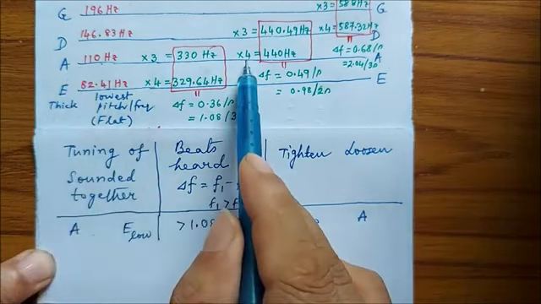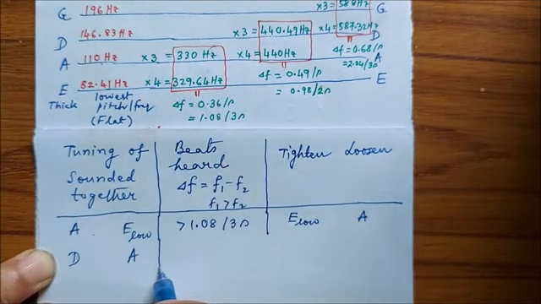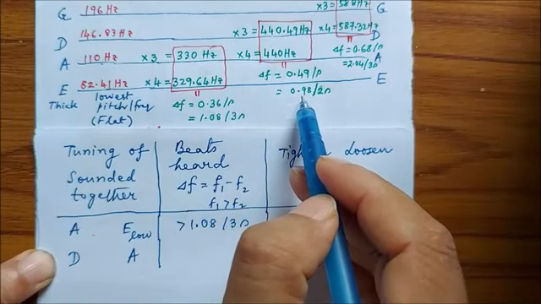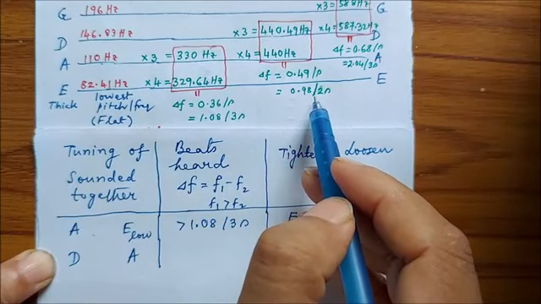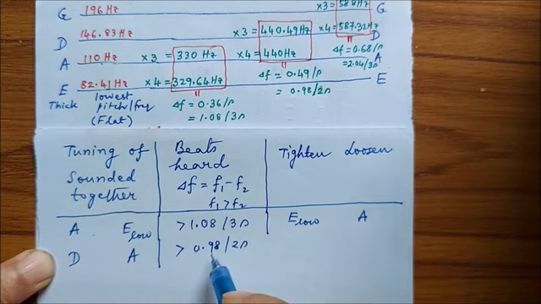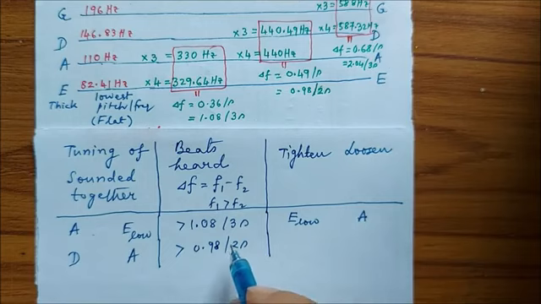We now suppose that the string A of the guitar is vibrated in its fourth harmonic and D is vibrated in its third harmonic, so that the number of beats that one should hear is nearly 1 in 2 seconds. But suppose we hear more beats, that is greater than 1 per 2 seconds, which means this gap has to be reduced.